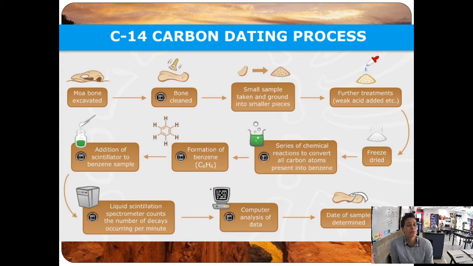So that is really crazy that it goes from a piece of a bone crushed and then shot through a spectrometer, and then it converts it to data. That's really heady stuff. So we're going to see an example of that here coming up.